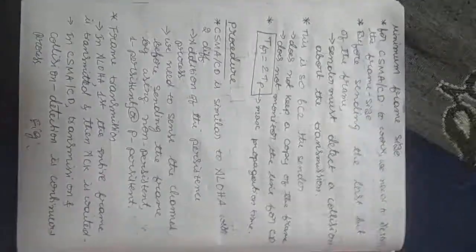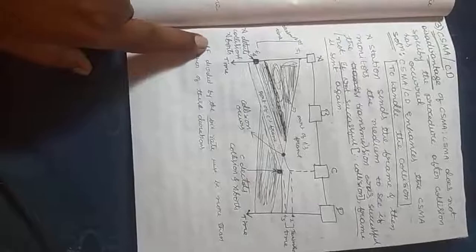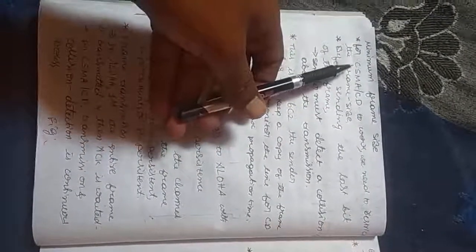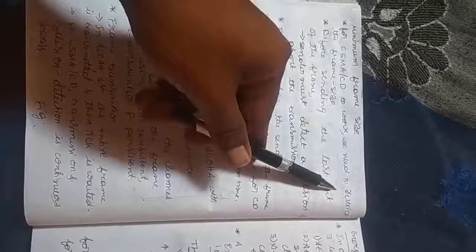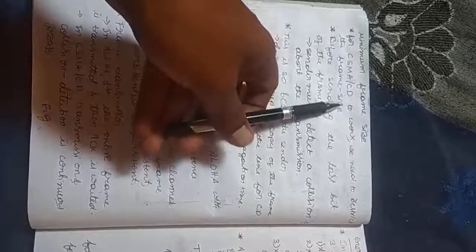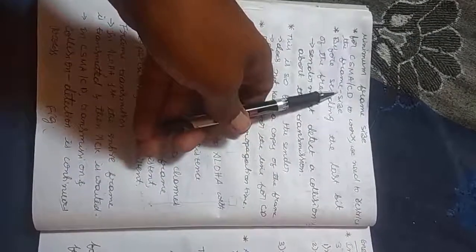The next concept is minimum frame size. The length of the frame divided by the bit rate gives the transmission time. Here we shall know what the minimum frame size is. For CSMA/CD to work, we need to restrict the frame size, that is, fix some frame size.